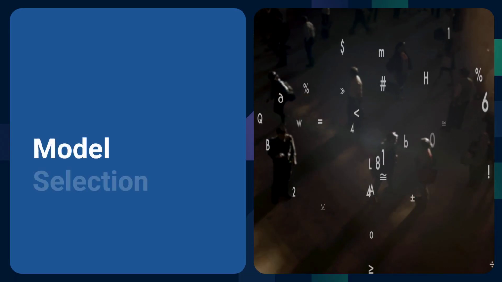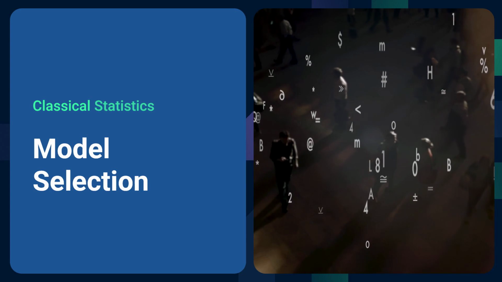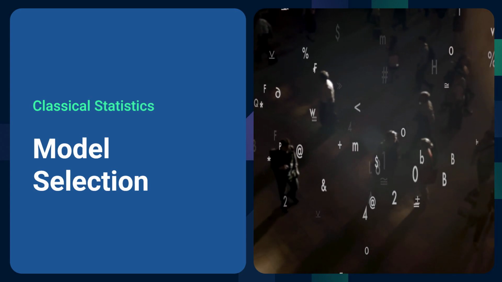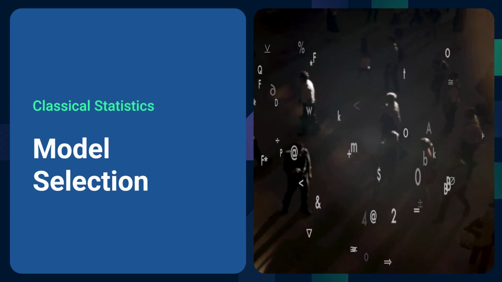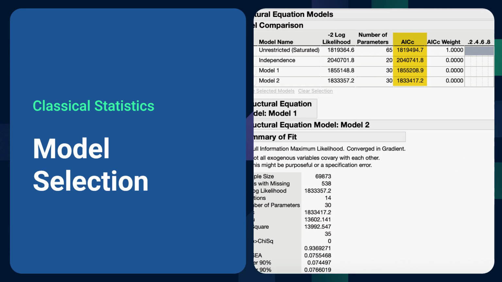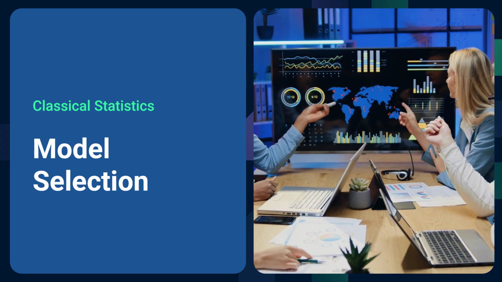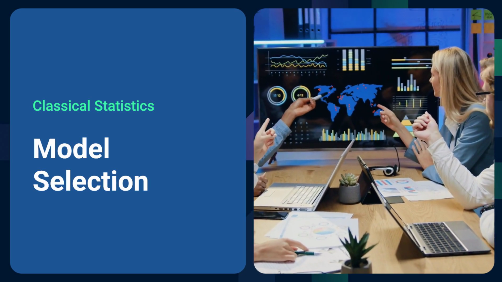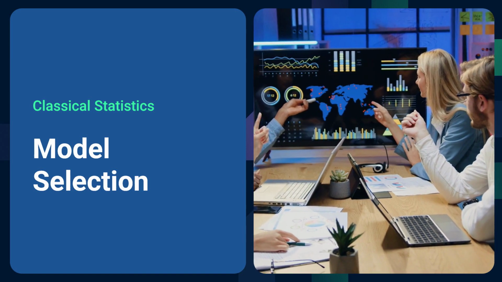The application of AIC, AICc, and BIC spans both traditional statistical analysis and the burgeoning field of data science. In traditional statistics, when researchers are fitting regression models, time series analyses, or structural equation models, these criteria help in selecting the most appropriate model from a set of plausible alternatives.